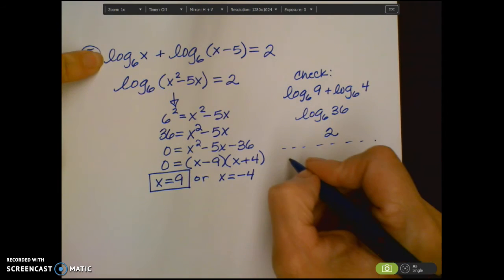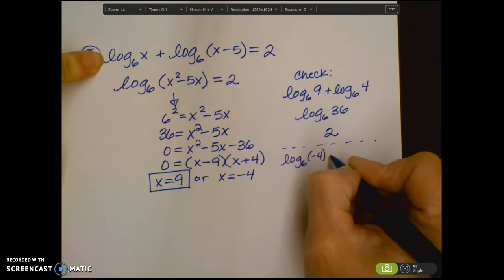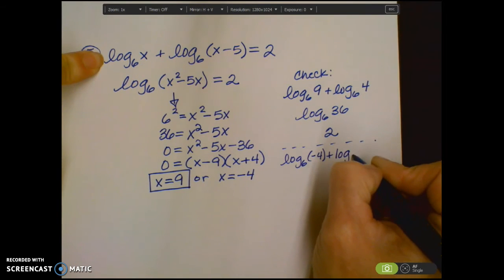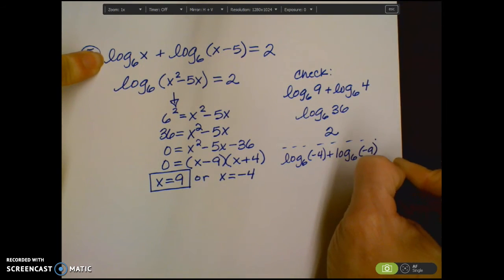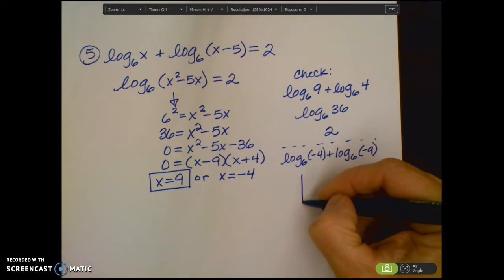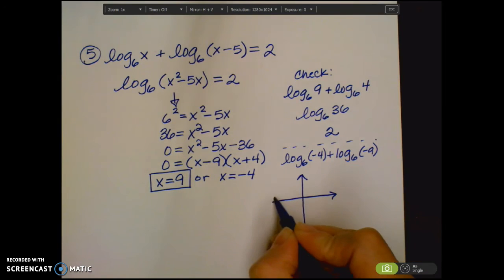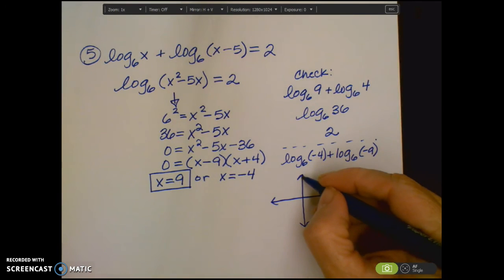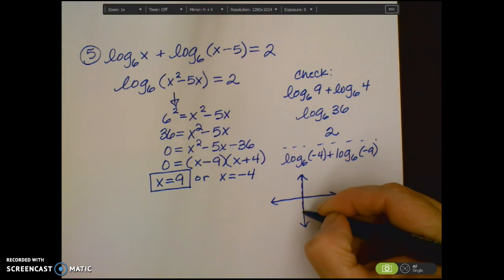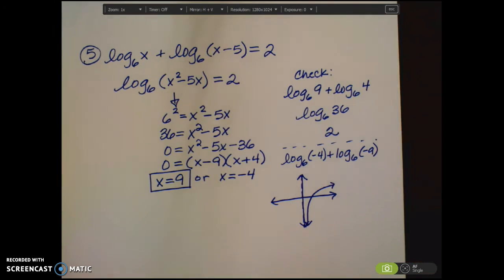So log base 6 of negative 4 plus log base 6 of negative 9. And here's where we have a problem. As you may or may not recall, a logarithmic function has a vertical asymptote on the y-axis, and its general shape increases as it goes to the right.